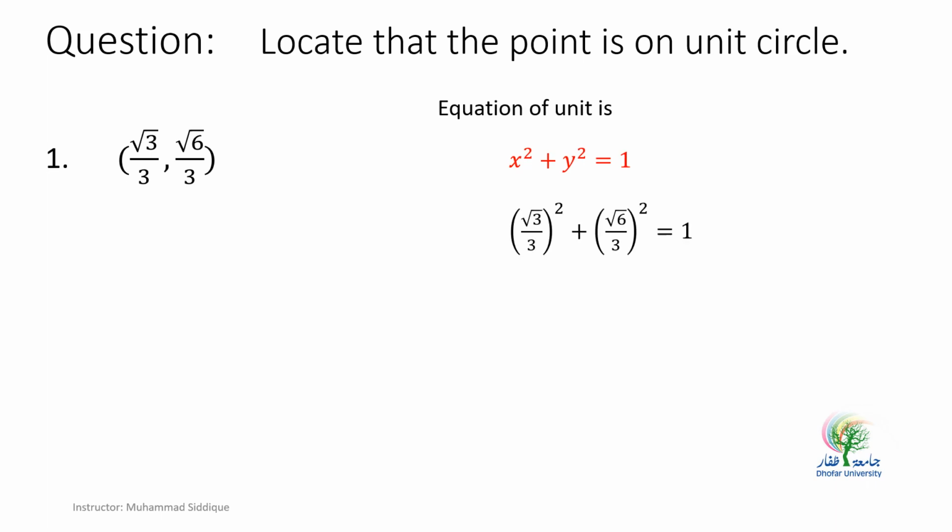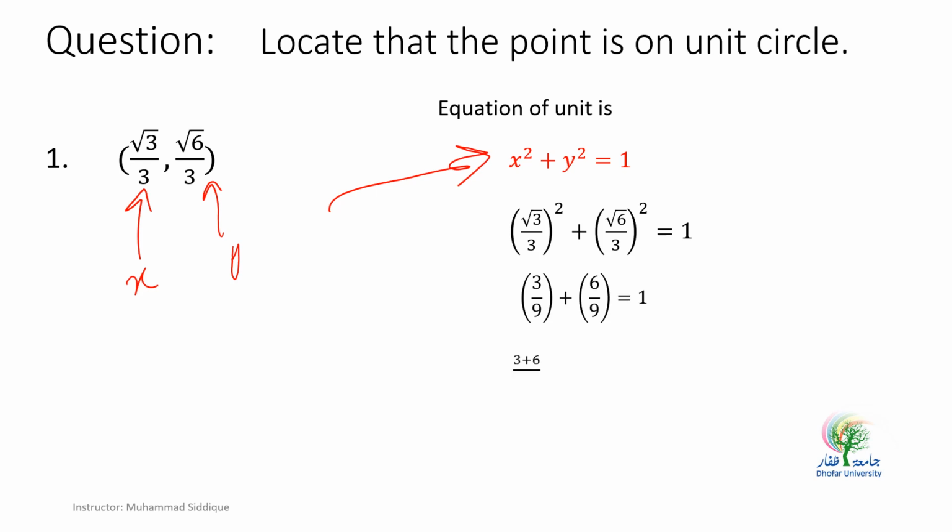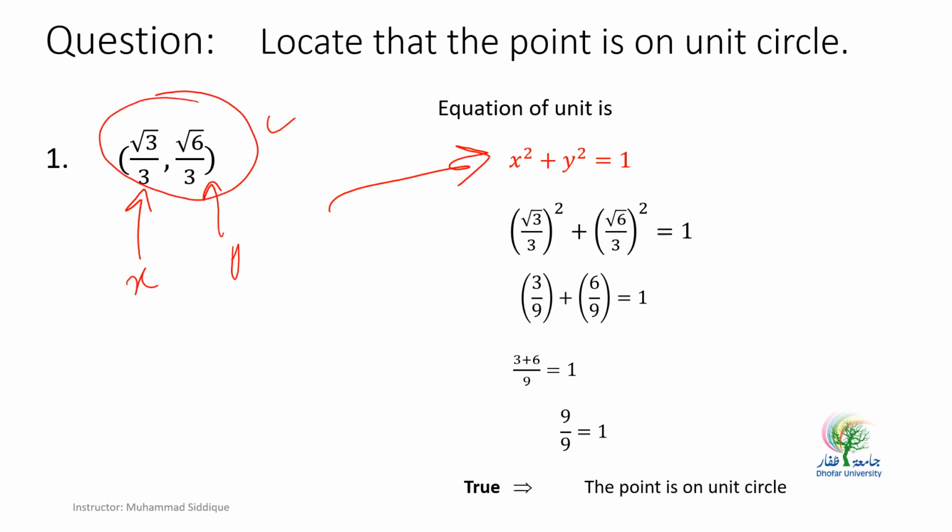So we will replace x and y with these numbers in the equation, then calculate, and we will see the left hand side equals the right hand side, which is true. So this point lies on the unit circle. Done.